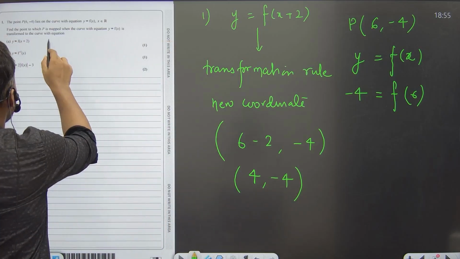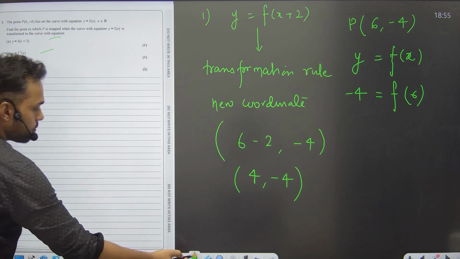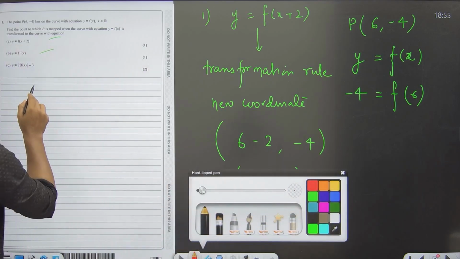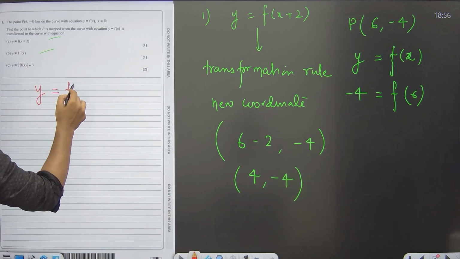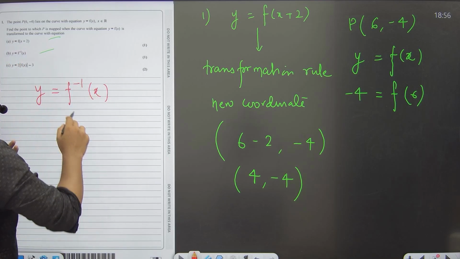Now second part is y equals f inverse x. What is the transformation rule? According to the transformation rule, what happens here?